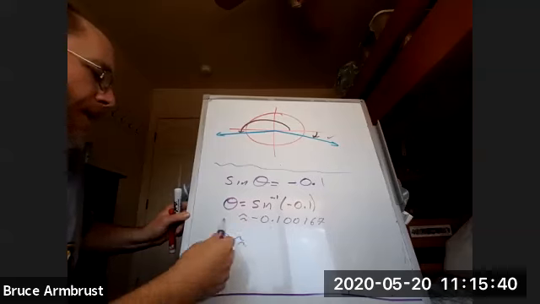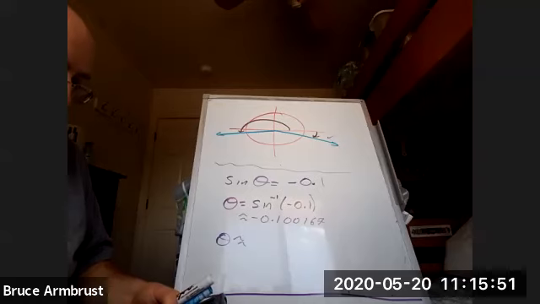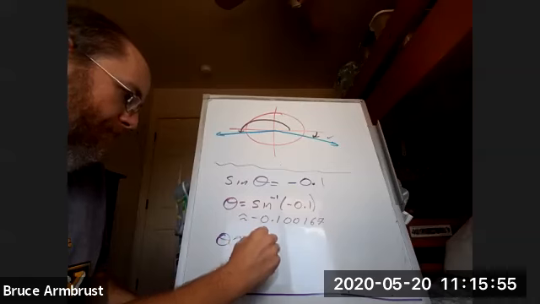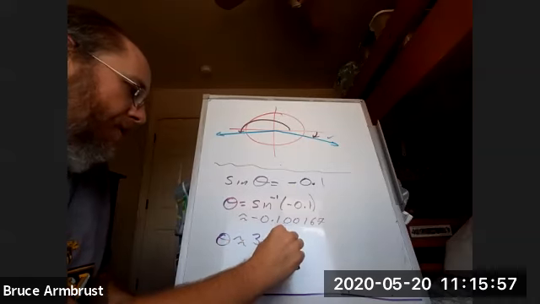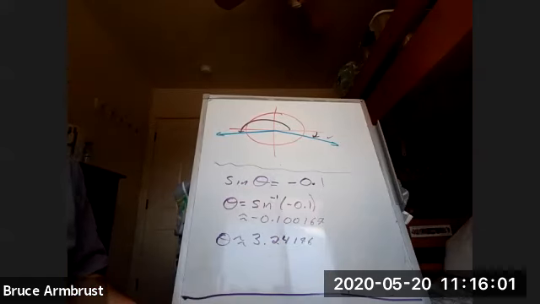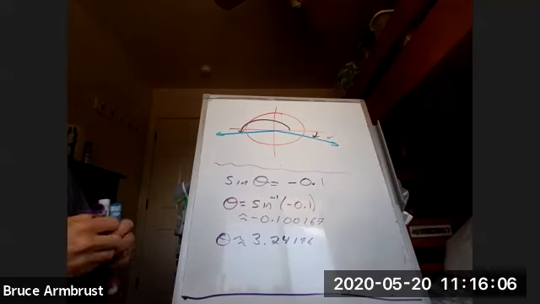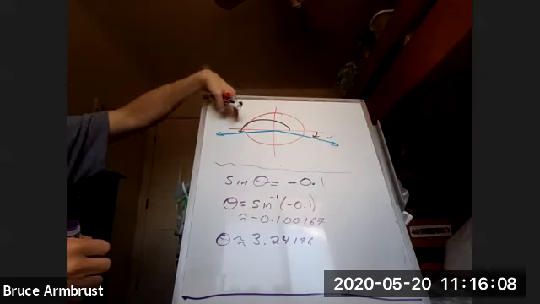It's going to be approximately, so if I take pi and then add to it that 0.100167 blah, blah, blah, I get approximately 3.24176. There's a whole bunch of zeros after that. But that's this angle that's in the third quadrant.